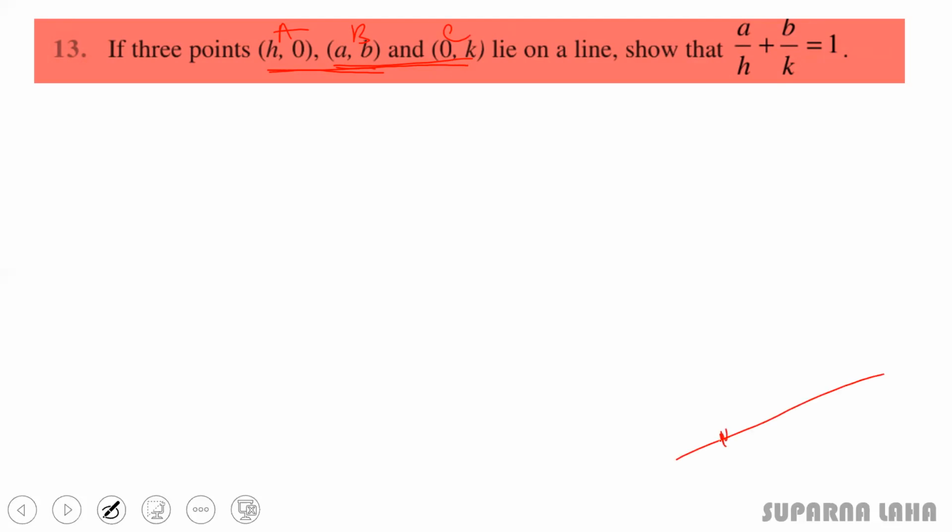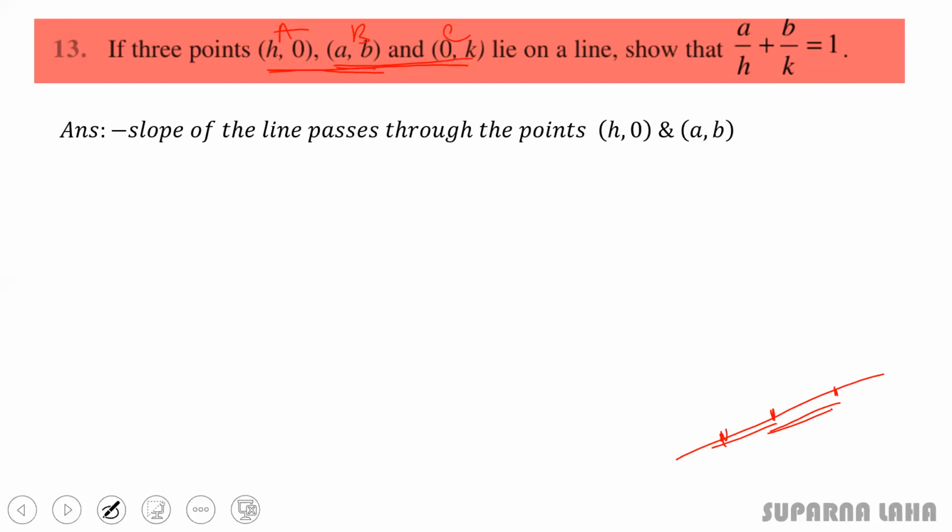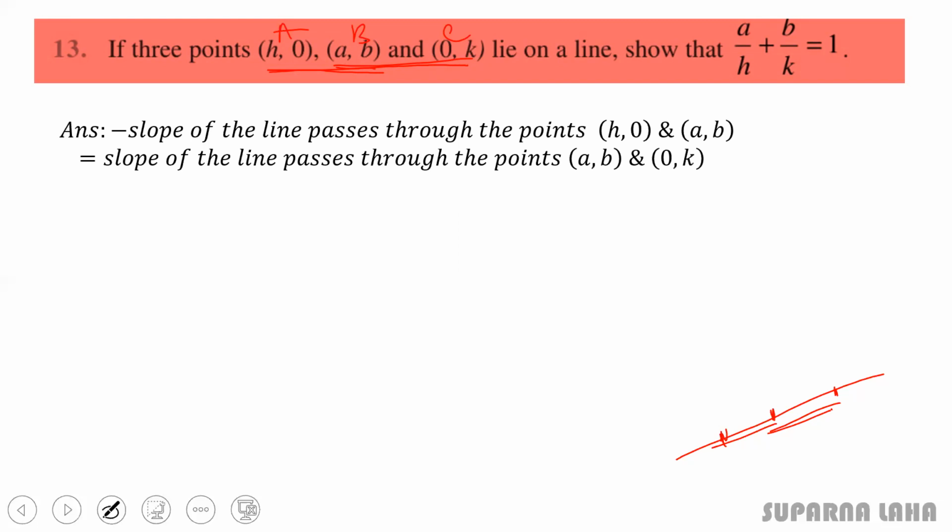So the slope of the line joining these two points is definitely equal. Write down the slope: h comma 0 and a comma b, the slope of this line equals the slope of the line passing through a comma b and 0 comma k.